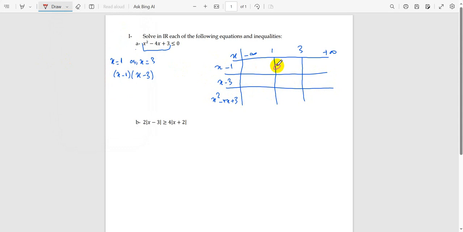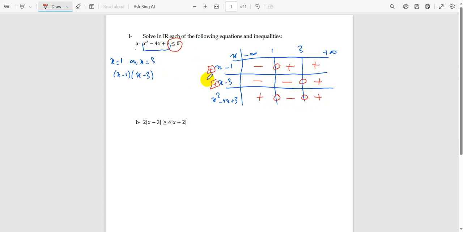The root of x minus 1 is 1. The root of x minus 3 is 3. The sign is according to the opposite, which is positive, the opposite of positive is negative. Positive, positive. Also right here I have positive, then it will be negative, negative, positive, and the sign will be like that. Since I'm dealing with a polynomial, we don't have restrictions, it will be 0.